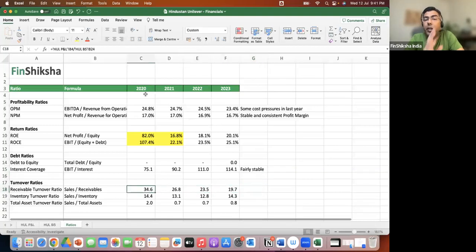You will note receivable turnover ratio has gone down, right? Now this number is fairly stable, but receivable turnover has gone down post this acquisition, which means sales divided by receivables, it was 34 times initially, that's gone down. Whatever they are selling now, there's a little bit more receivable that's coming along, right?